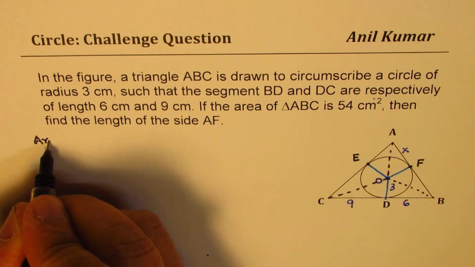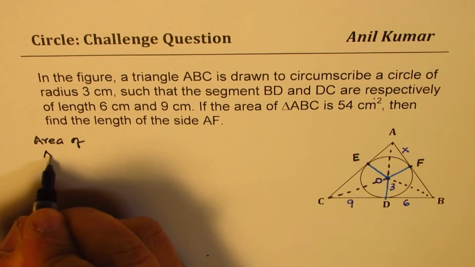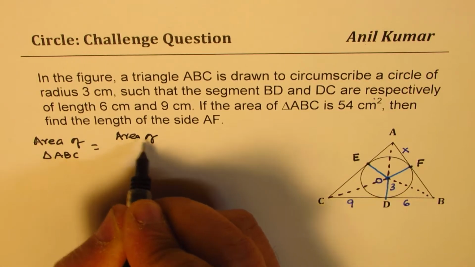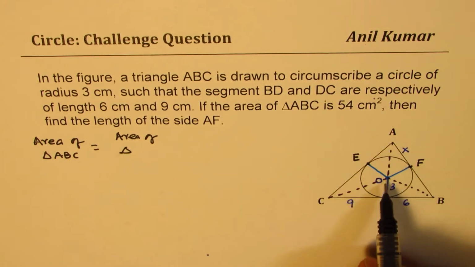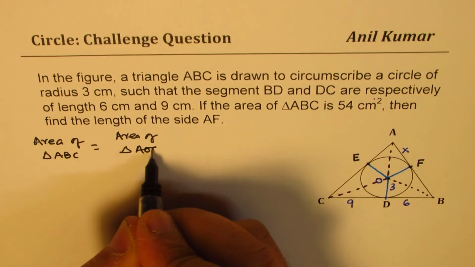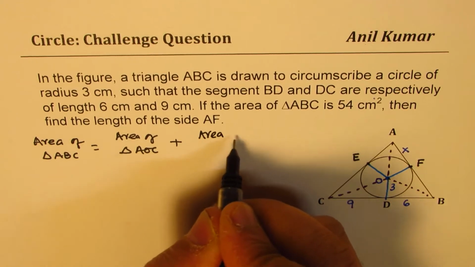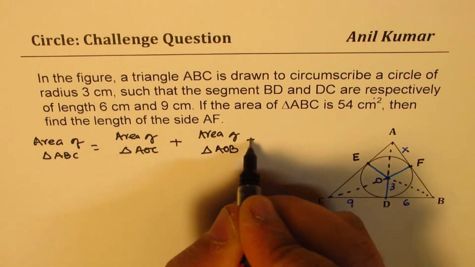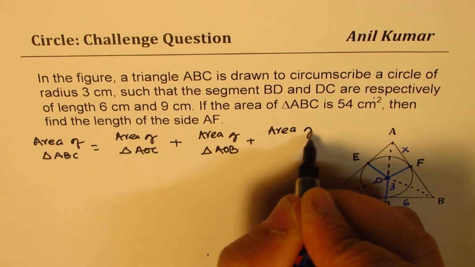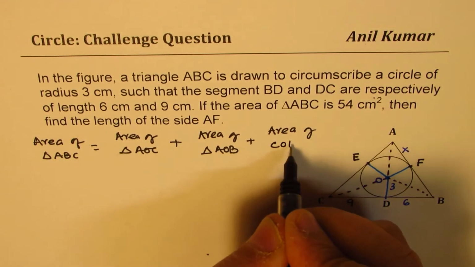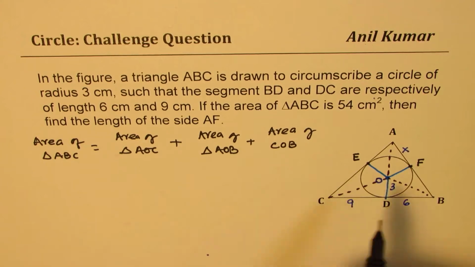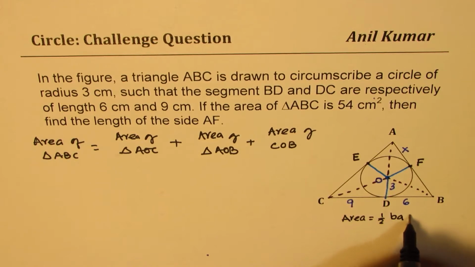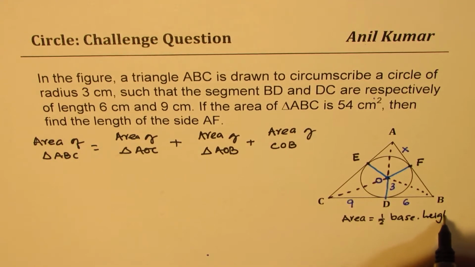So the area of triangle ABC should be equal to the area of the 3 individual triangles: AOC plus AOB plus COB. Now area is half base times height, so we are going to use this formula.